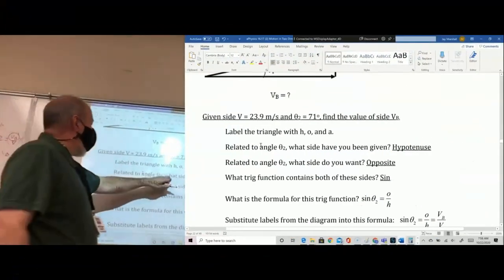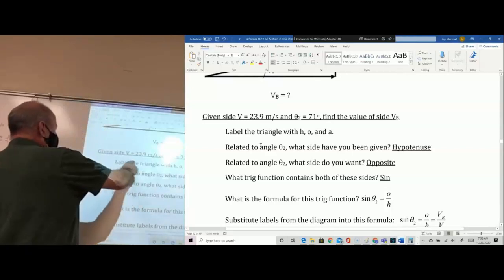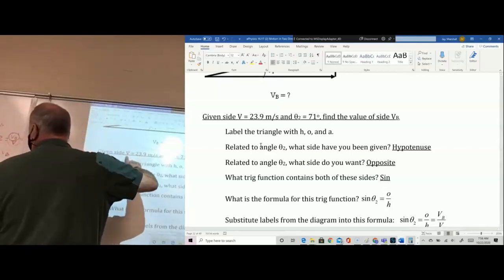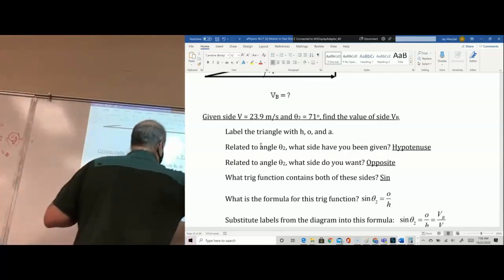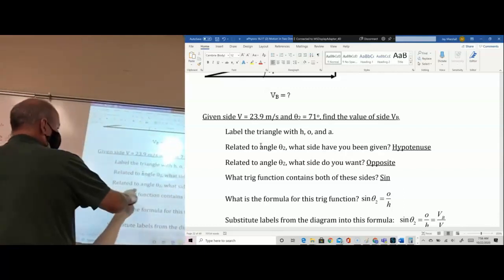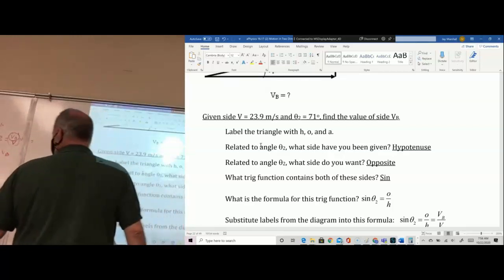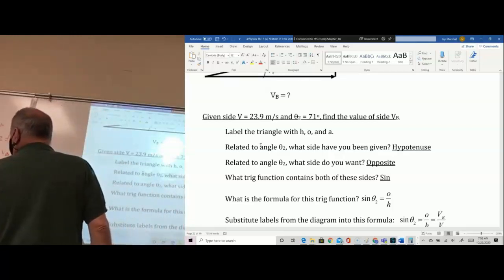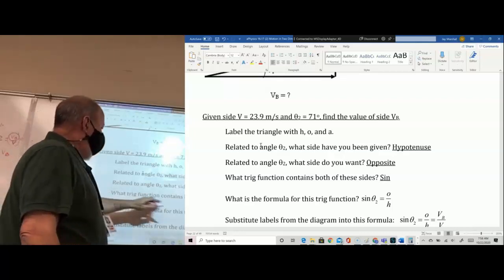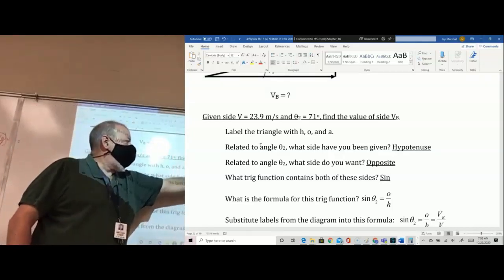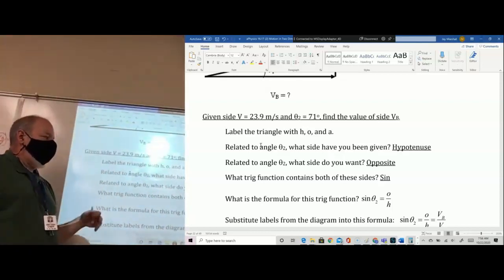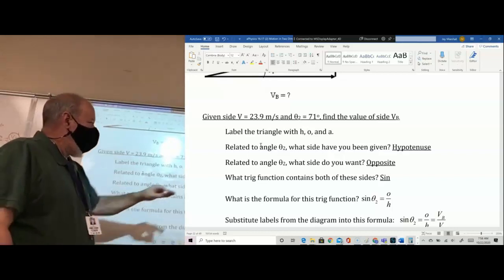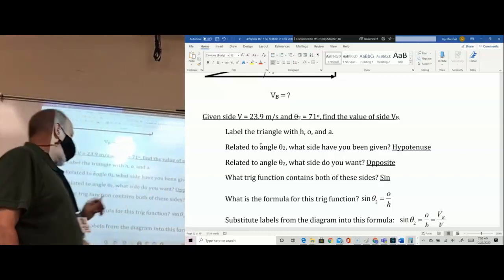Okay? What have I been given? I've been given V, right? V is the hypotenuse. So I have been given the hypotenuse. Related to angle theta 2, what side do I want? I want VB, so I want the opposite side. Therefore, since I have the opposite and the hypotenuse, the SOHCAHTOA thing that matches that is SO, sine opposite hypotenuse.